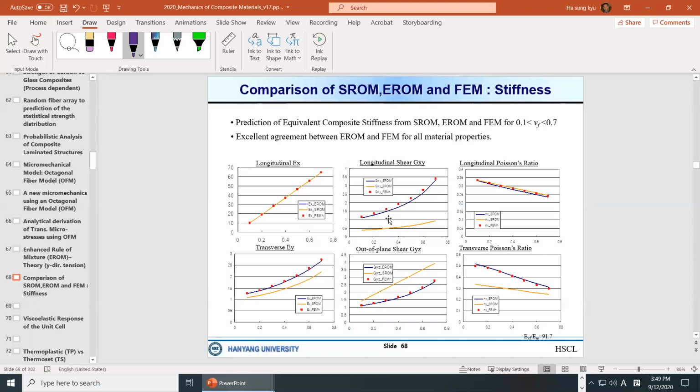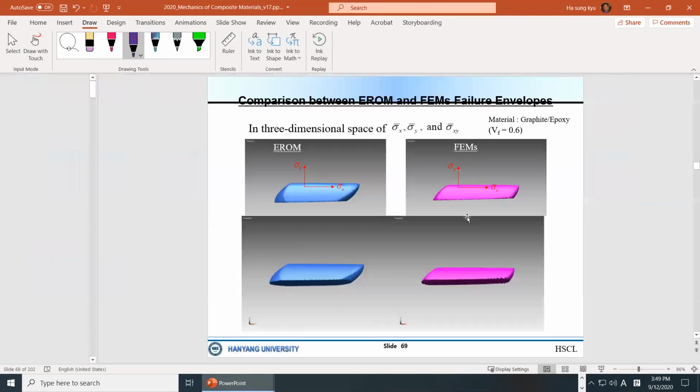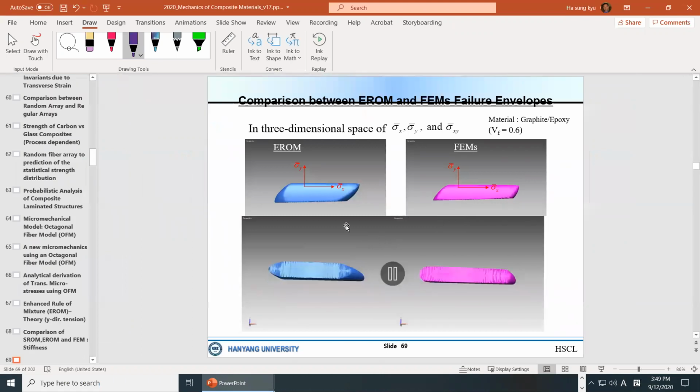The dots are FEM, and the line is the MMF procedure. And this is the failure criterion. Once you have the stress amplification factors, we can have a failure envelope. This one is based on FEM, and this one is based on MMF.